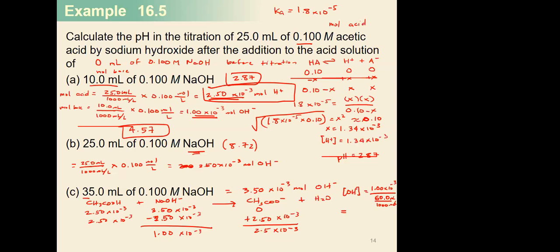So that is equal to 0.0167, right? Now, this is the hydroxide. So you get the pOH.